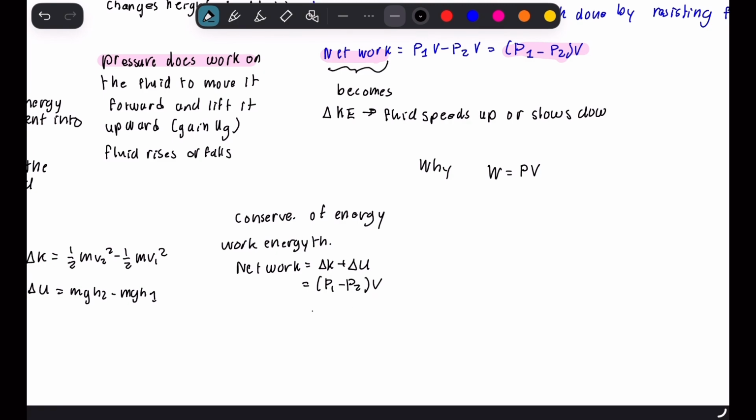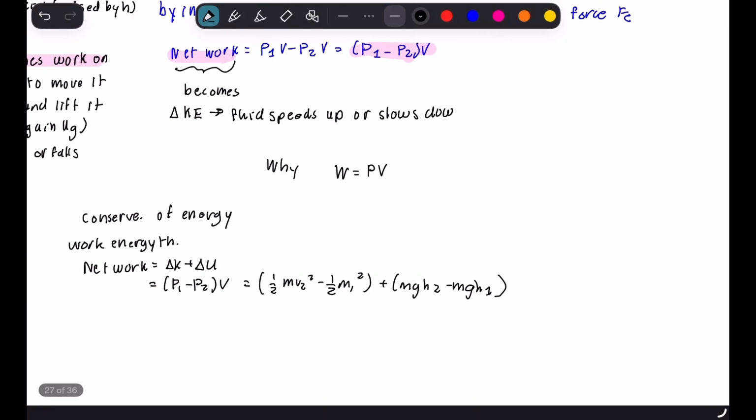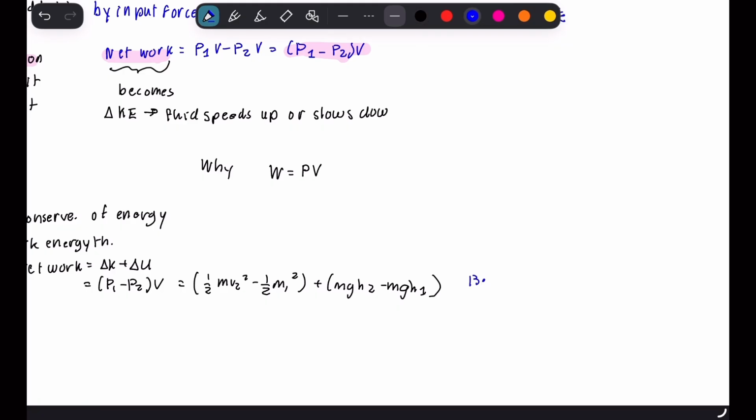So therefore we get that, and now we can change this into Bernoulli. We know that rho is equal to m over V, so m over V is equal to rho. You can sub that in.